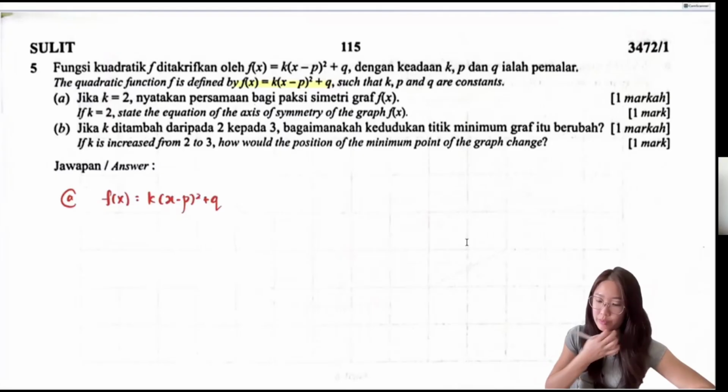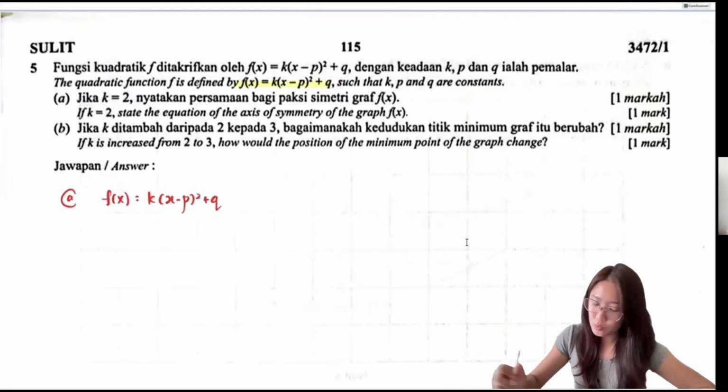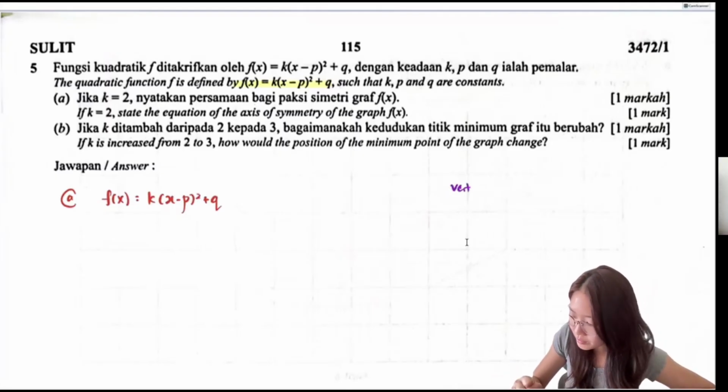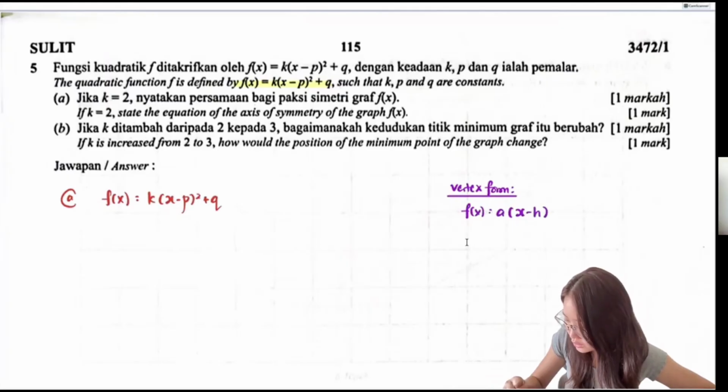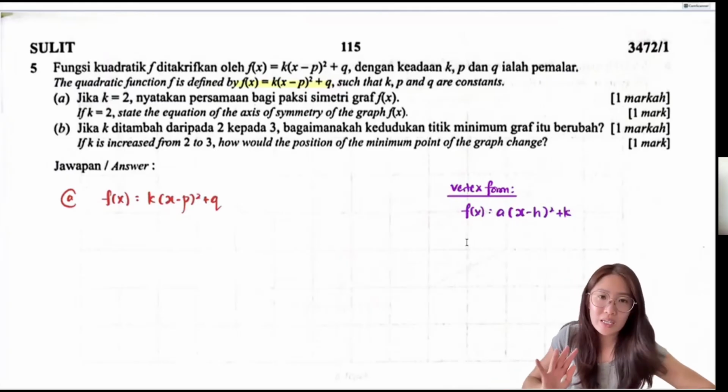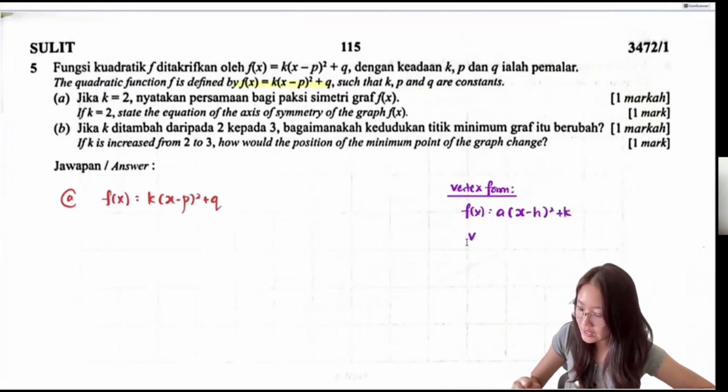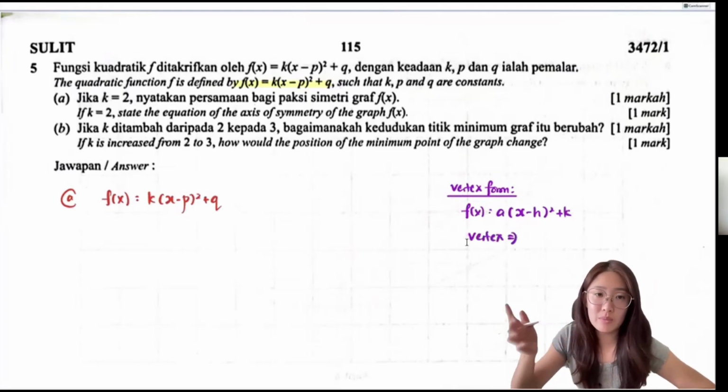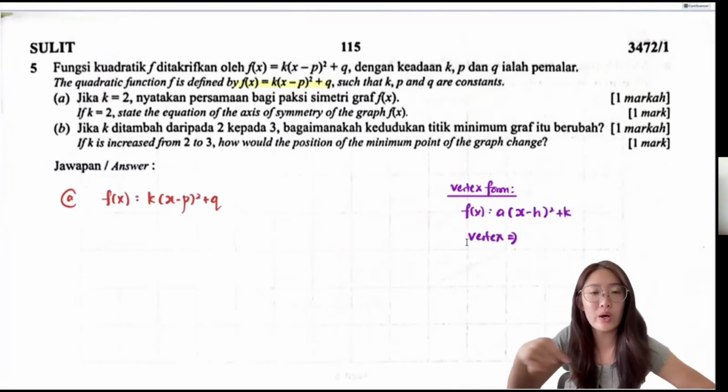In your textbook, what we learn is your vertex form looks like this: f(x) equals a times (x minus h) squared plus k. Vertex form is the form where we can easily see what our vertex is. Vertex means maximum or minimum point, depending on whether you are having a smiley face or a sad face.